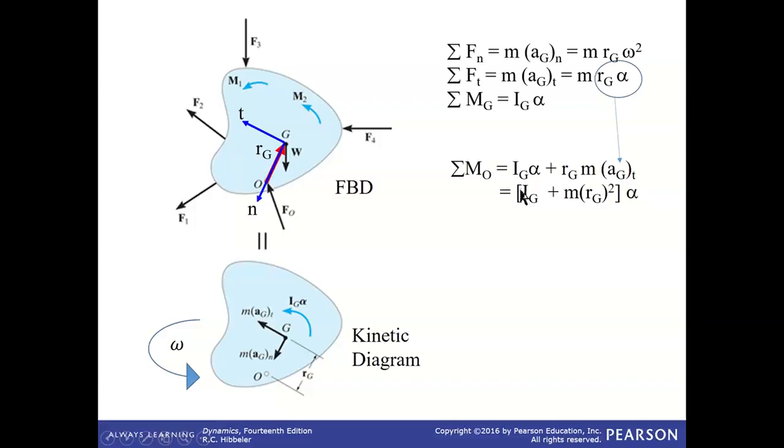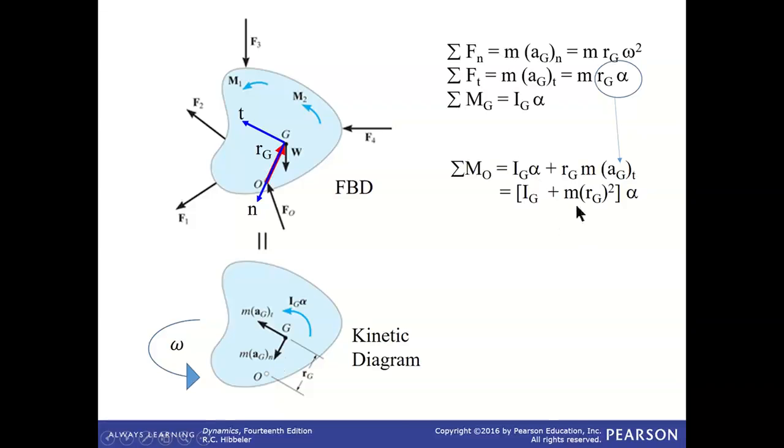This is the application of the parallel axis theorem, that the moment of inertia of any body about any point of rotation is nothing but the moment of inertia of that body about the center of mass plus m, which is the mass of the body, multiplied by the square of the distance between the two axes.